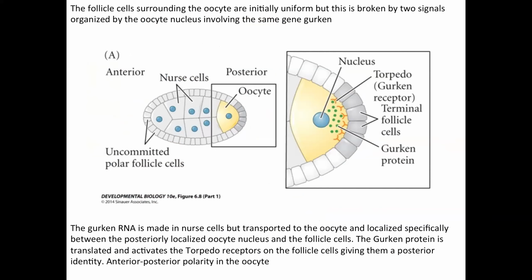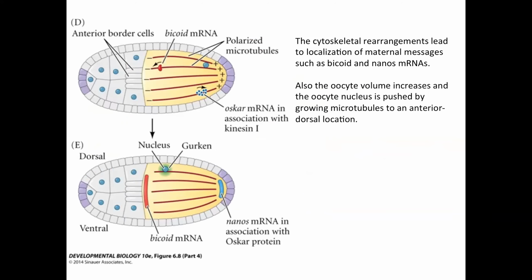The gurken binding to torpedo towards the posterior end leads to the formation of the posterior end, but the same event leads to the formation of the dorsal end. How does the same interaction cause two different things? So it activates torpedo signaling at both sides, and at one place it will transport nanos and oskar.